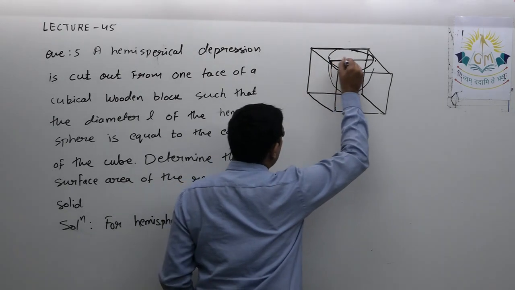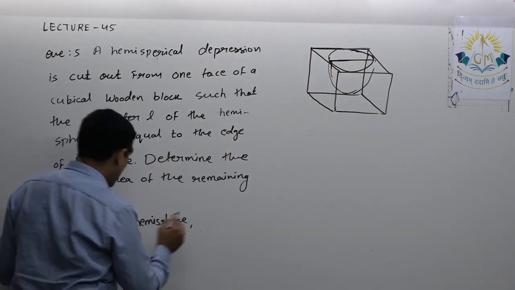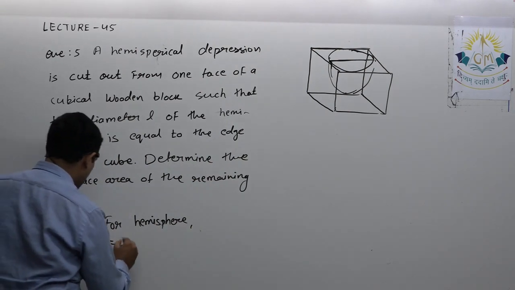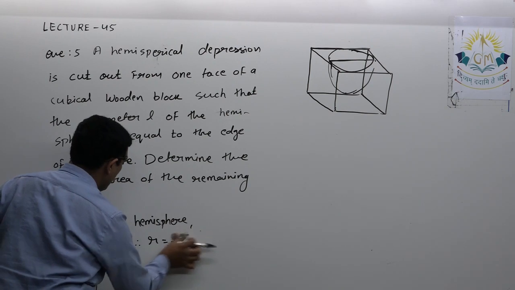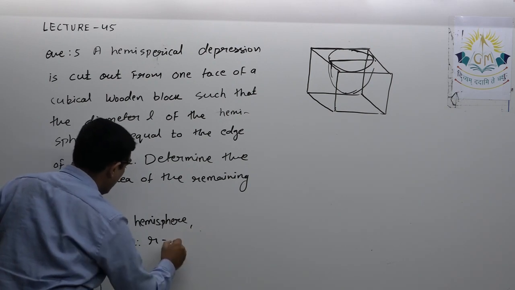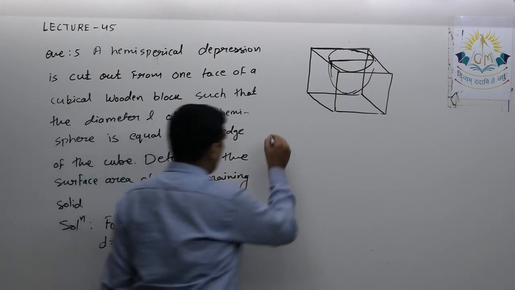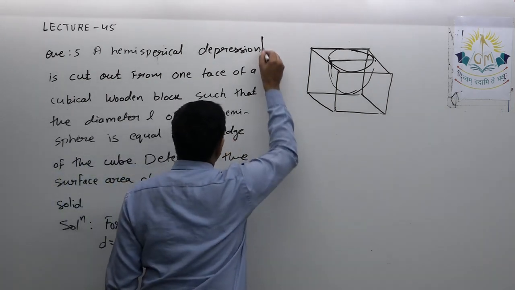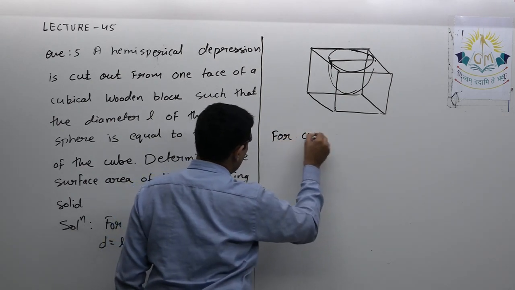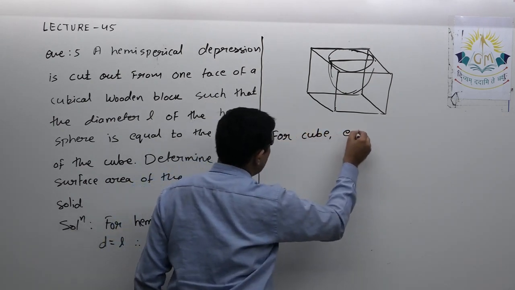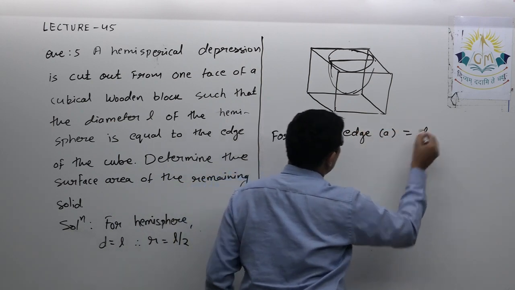That means this diameter L is equal to the edge of the cube. So for the hemisphere I can say diameter is equal to L. Therefore radius is equal to L by 2, because to find the volume or surface area, whatever, we need its radius. And for the cube, the edge A is equal to L.